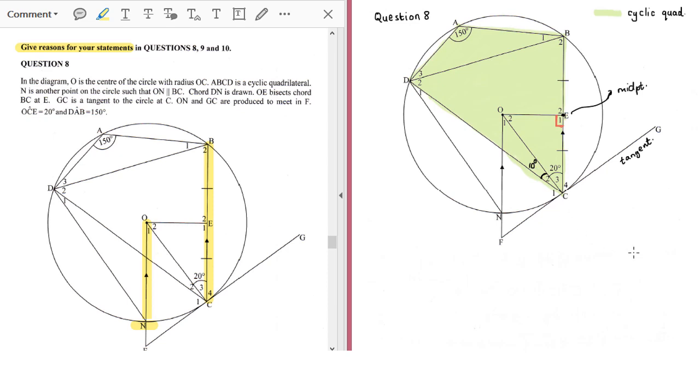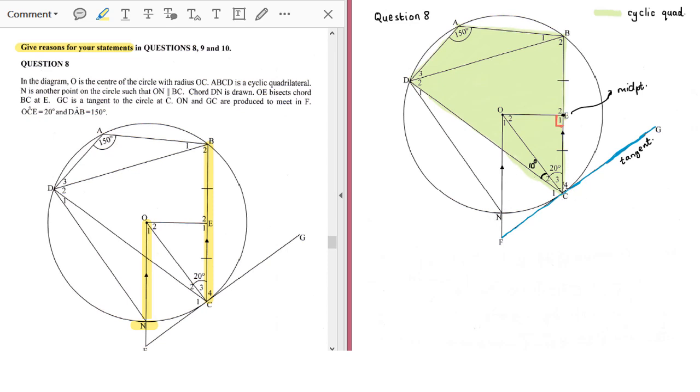Okay, and if ever we are asked to find out what is that angle, then we know how we got there. Basically, we know the reason behind it. Okay, what else can we see? Well, we have a tangent over here. Remember that we have a tangent GC, which has been produced to F. So what relationships is this tangent creating? Well, we all know that we are going to be looking for the tan-chord theorem. And let's see.